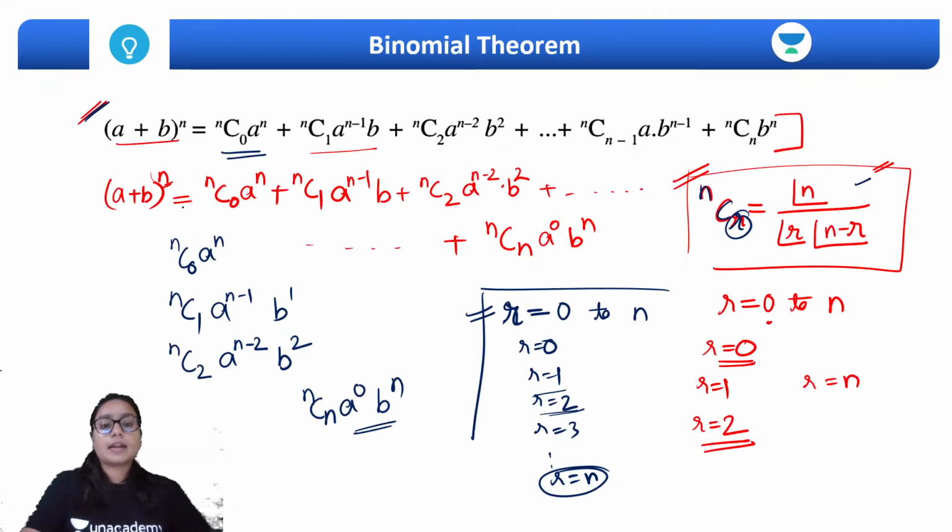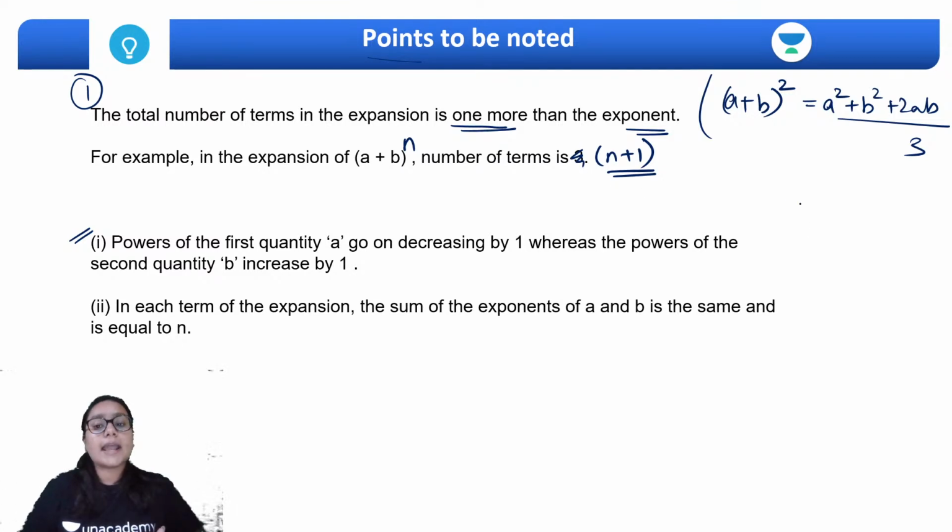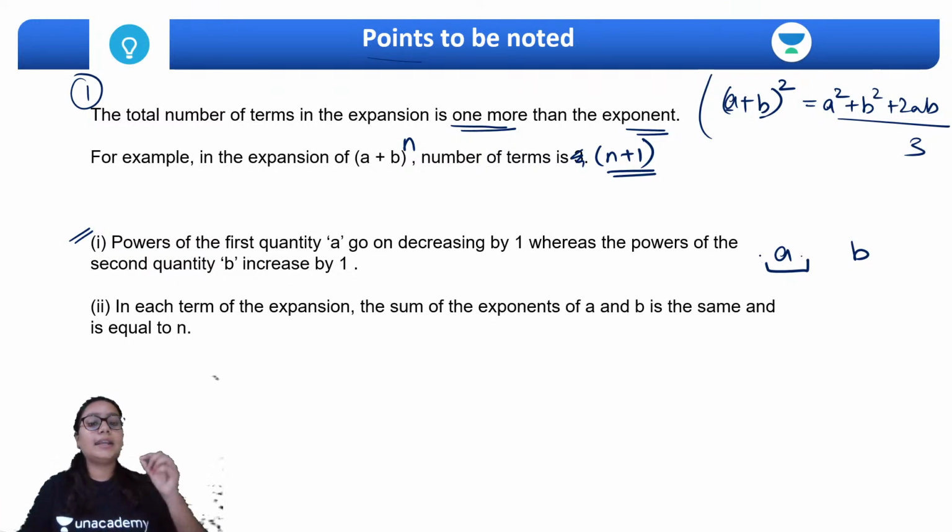Now let us understand the next point. See, in this expansion we are changing the value of r. According to the value of r, the exponents of a and b, this term and this term, are increasing and decreasing. What happens is that the exponent of a decreases by 1 with each term.